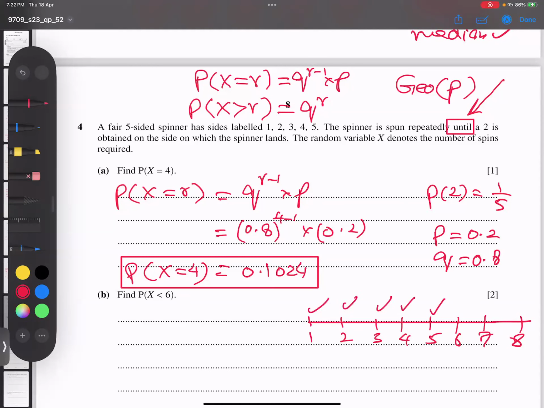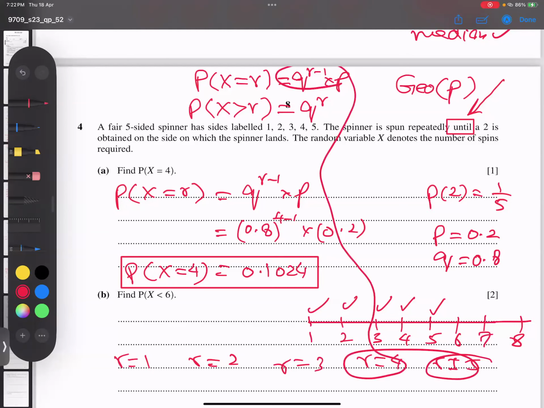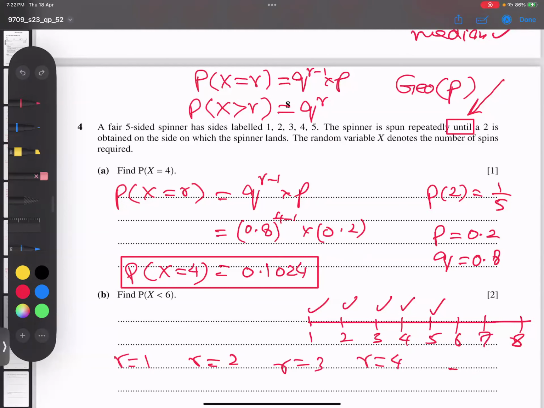I need all these numbers. So I have two ways to solve this question. One way: use the top formula, one time each with R as 1, 2, 3, 4, 5, and add them all, using this formula as I used for 4. But this is too lengthy, so I'm going to take a shorter way.